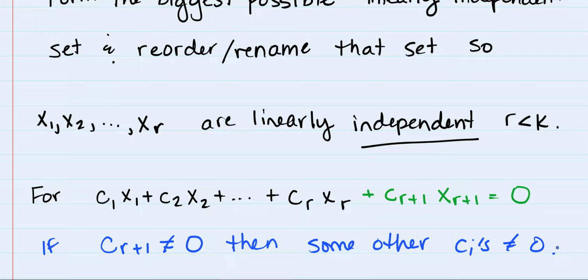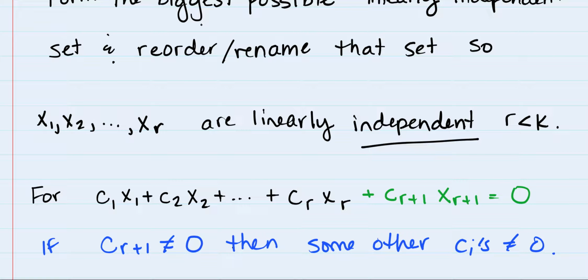So if I assume this one's not equal to 0, because this is an eigenvector, it is not the 0 vector. Remember that by definition eigenvectors are not the 0 vector. And in order for it to be linearly dependent, at least one of these has to be non-zero.